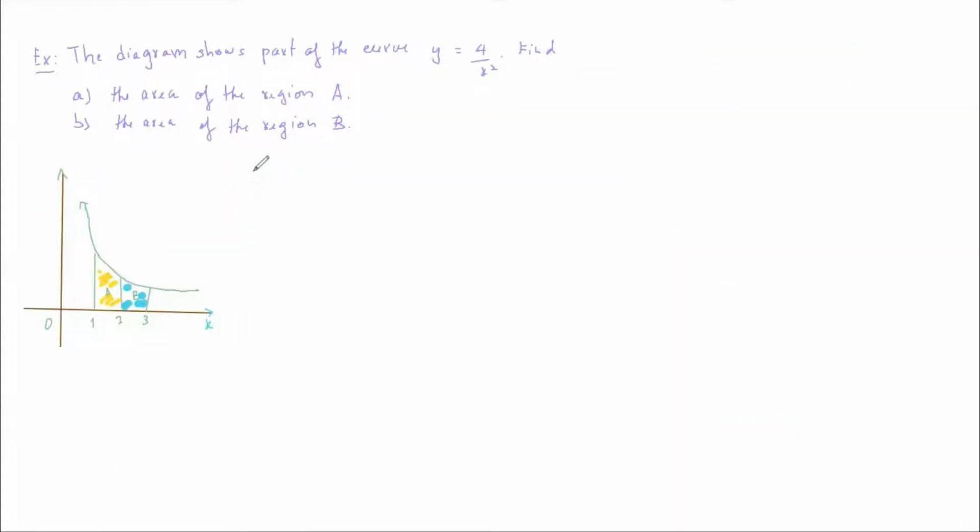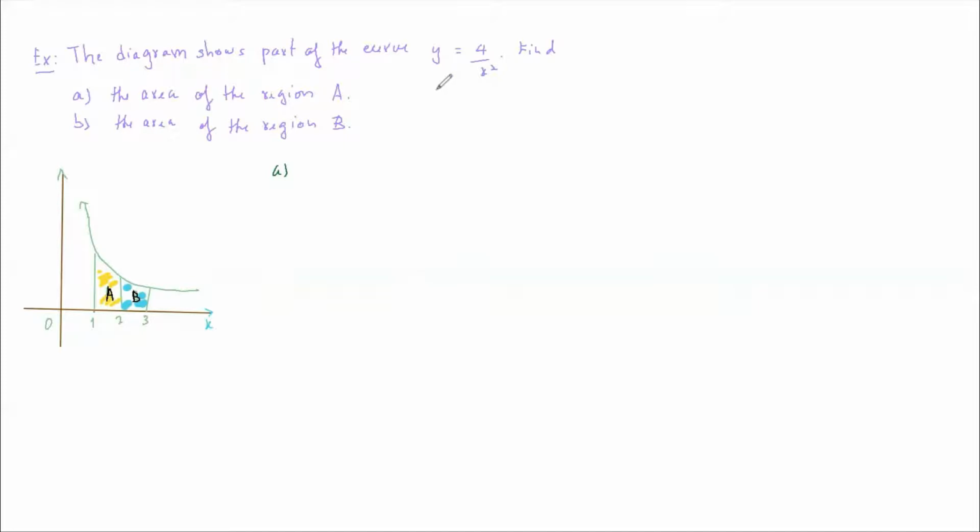Now next one. Say the diagram shows part of the curve y equal to 4 over x squared. Find, question A, the area of region A. This is region A right here, and this one is B. So just find the area of the orange part and the blue part here. For question A, see from where to where, from 1 to 2, and this function.